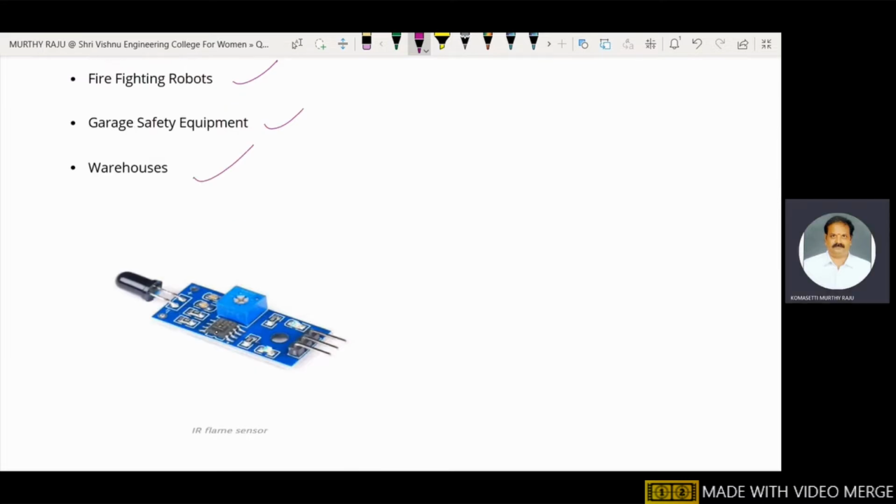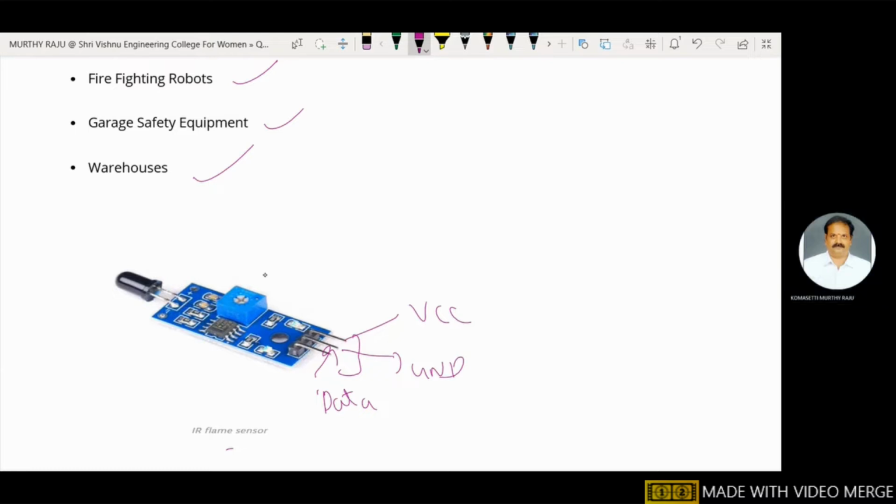This is the IR sensor, the IR flame sensor. The IR flame sensor has three terminals. One is data, the first one, this one is ground, and this one is VCC.